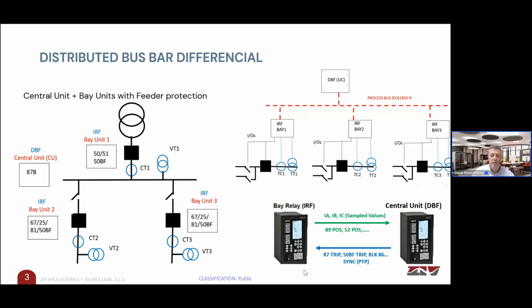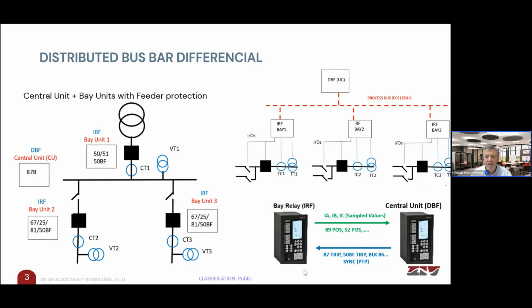Very quickly, each bay unit will send the central unit relevant information for the differential busbar protection algorithm, such as the status of the breakers, the status of the disconnectors, and of course, the values of the current in the three phases. This is very easy to understand.